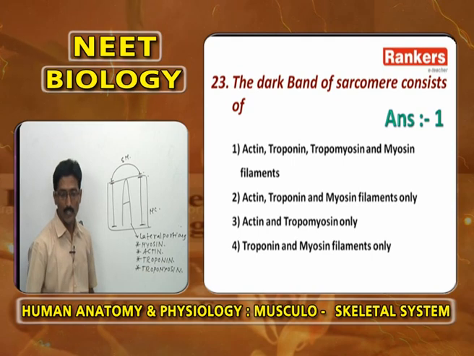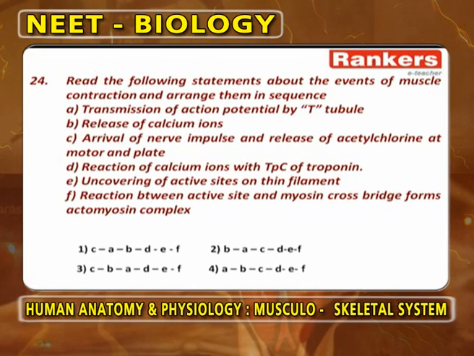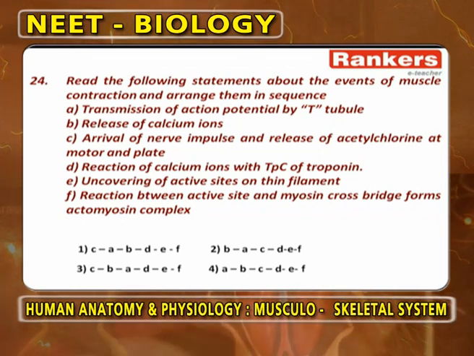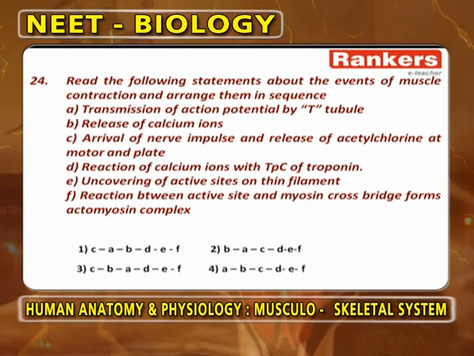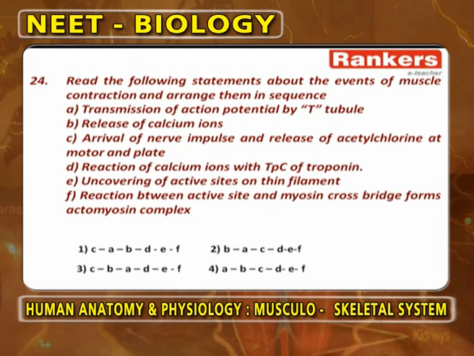Now go for the next question. Read the following statements about the events of muscle contraction and arrange them in a sequence. First we have to observe the statements. Transmission of action potential. What is meant by action potential? Nothing but impulse. Transmission of action potential by T-tubule. Release of calcium ions.